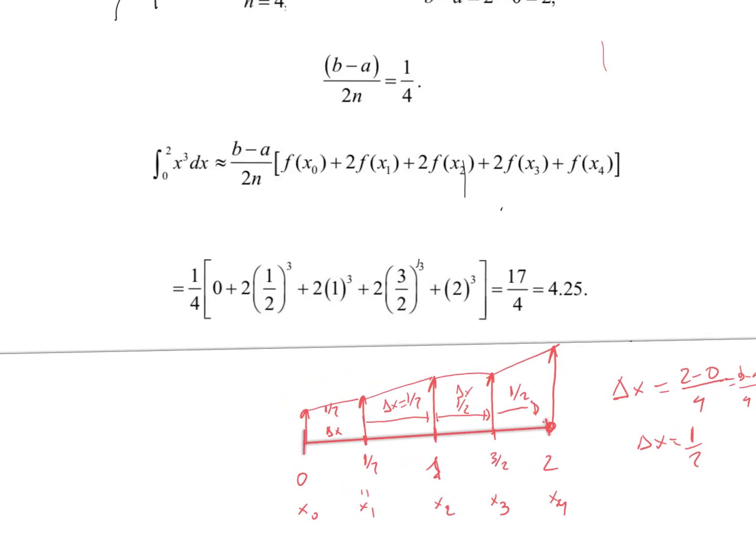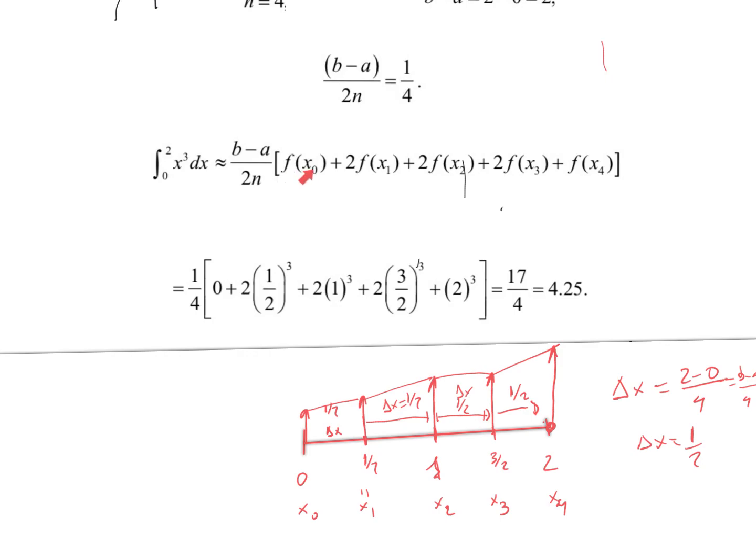The equation is that the area between 0 and 2 is approximately b minus a divided by 2n times the sum of these terms: f of x0, 1 time, 2 times, 2, 2, 1 time. So it would be f of x0. What is the function? The function is x cubed.